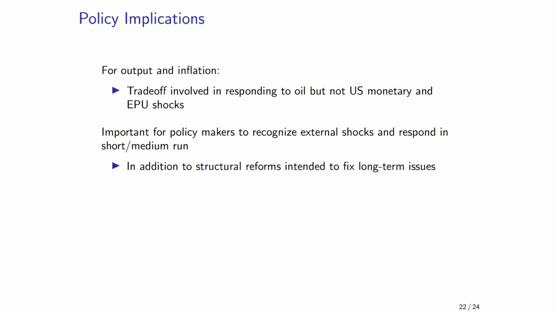Another thing that I think we found kind of interesting is that, given the substantial size of the response of the Indian variables here, we also might want to start thinking about stabilization policy more, in addition to, of course, any sort of structural reforms that we might have to fix this resilience in the long run. So the idea is that if we're worried about oil shocks in the long run, the answer is that we need to become more energy independent.